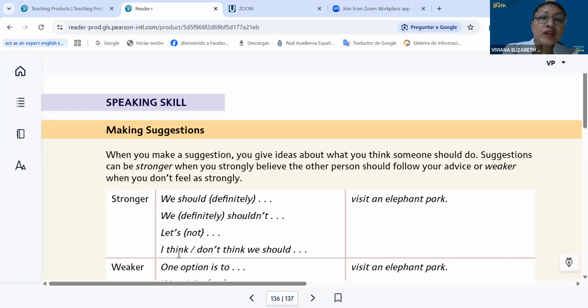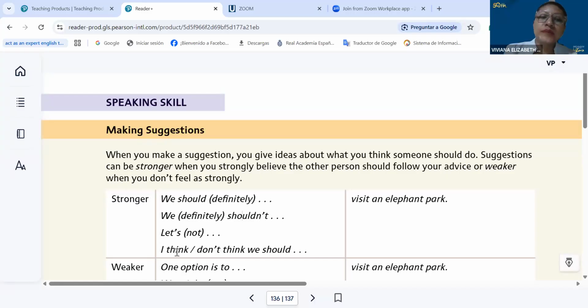And you can also add extra phrases like I think. I think we should visit an elephant park. Or in the negative form, I don't think we should visit an elephant park. So you add an extra phrase. You can say, we should visit an elephant park, or by adding an extra phrase, you can say, I think we should visit an elephant park.